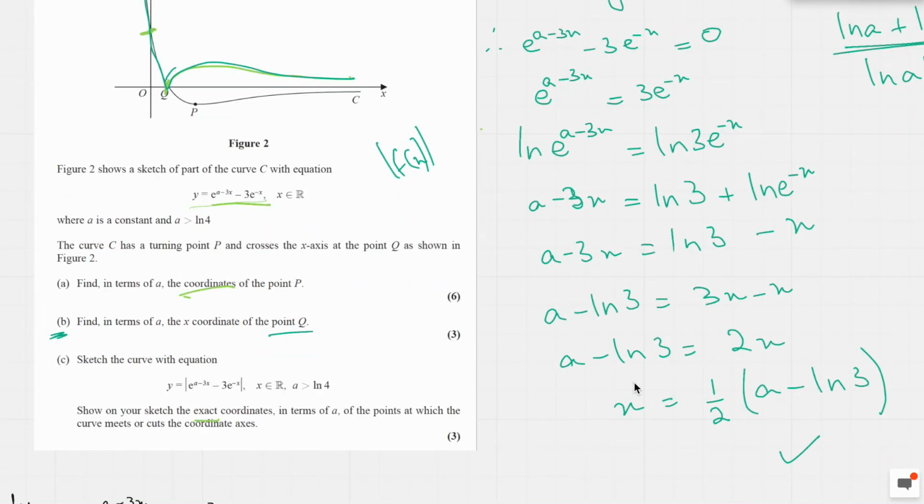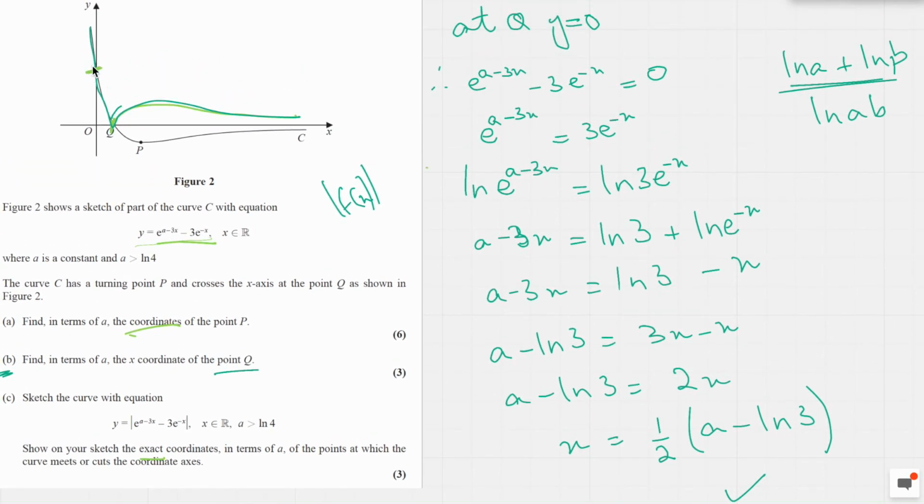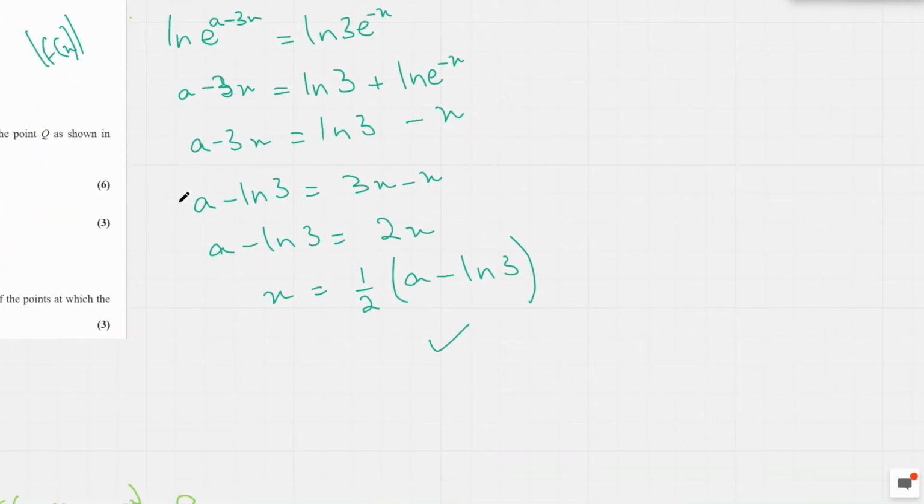Q we already know. Now for this point, we can find it simply. For Q, we said that y was 0. For this point, let's say that it's R. At R, x will be 0, so we can substitute x equals 0 into this equation.